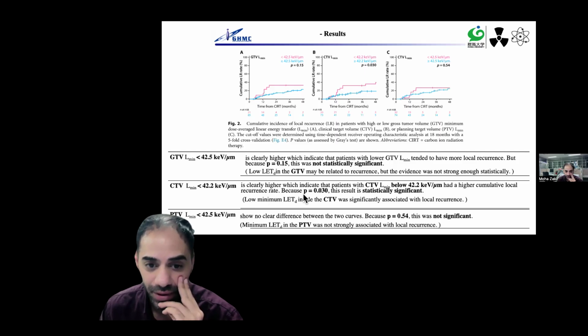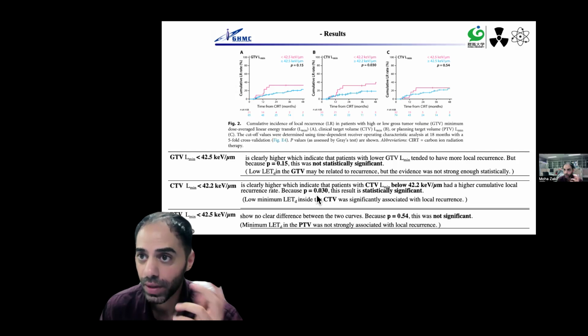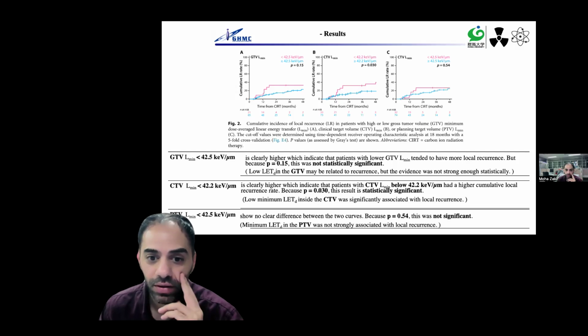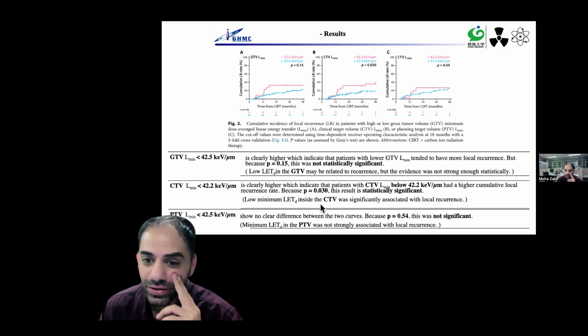And because the P value is equal to 0.030, which is in the desired range, this result is statistically significant. So the low minimum dose average LET inside the CTV was significantly associated with local recurrence for pancreatic cancer.